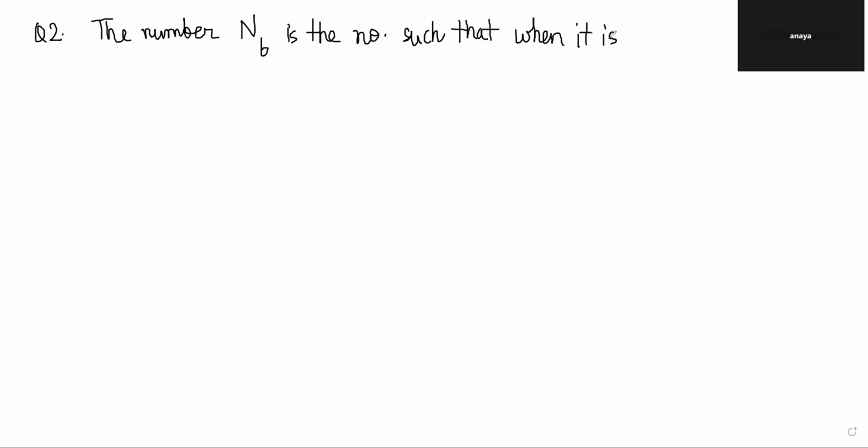The second question is: the number n_b is the number such that when it is written in base b, it is 123.